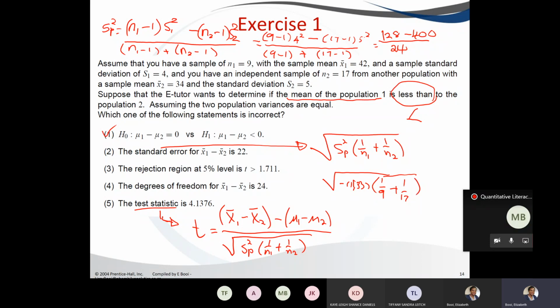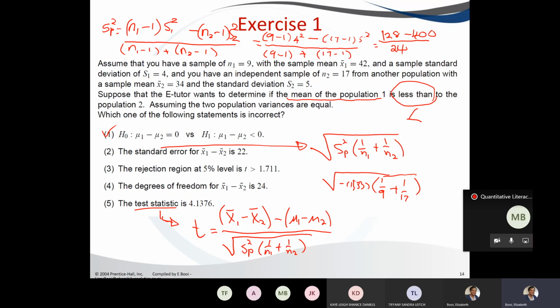Since nobody calculated it there, it's 1 divided by 9, which is 0.11, and 1 divided by 17, which is plus 0.06.